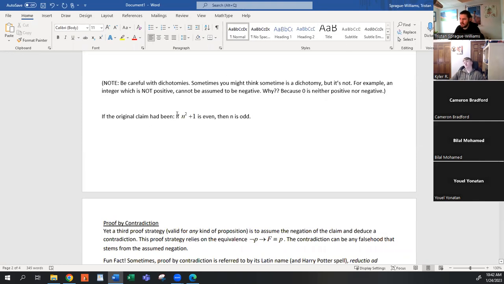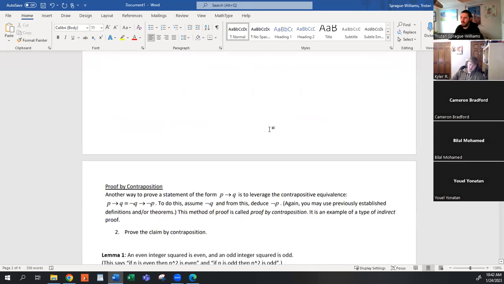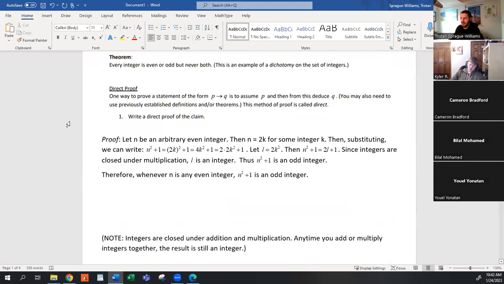If that had been the original claim, this proof would be the direct proof. And the contrapositive would have been easier. Like the contrapositive would have been the one that we were calling direct, right?